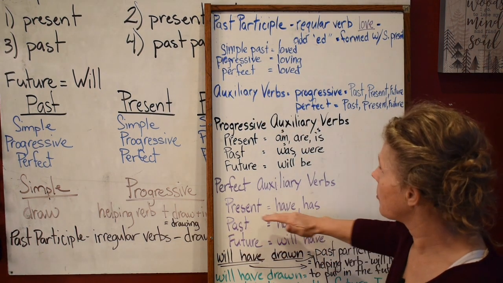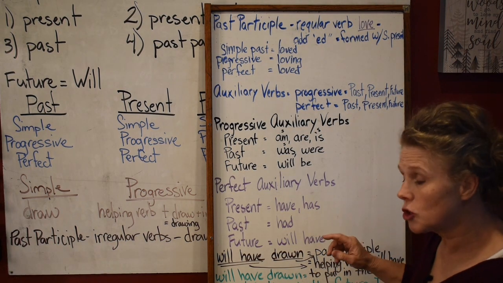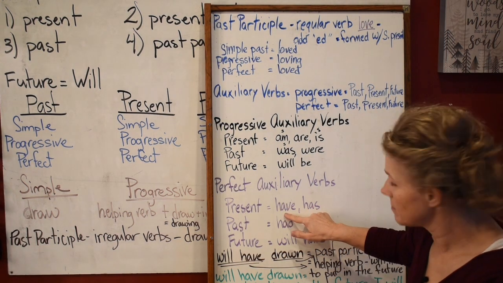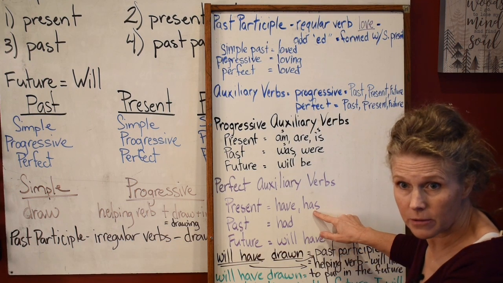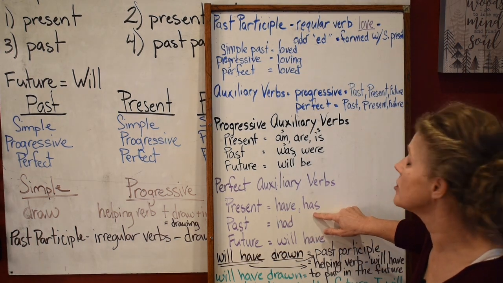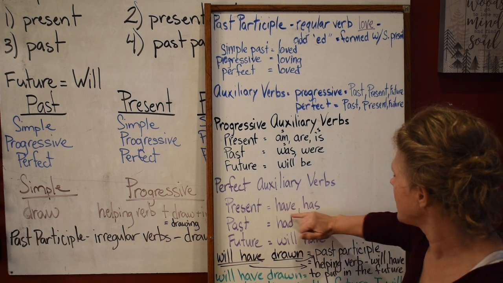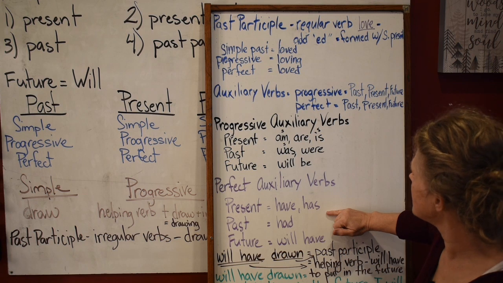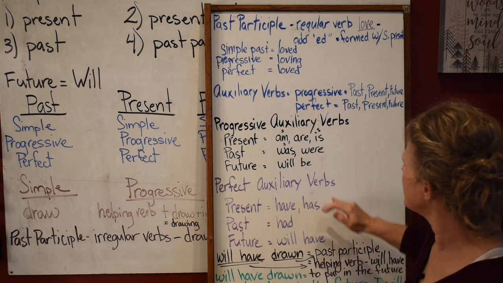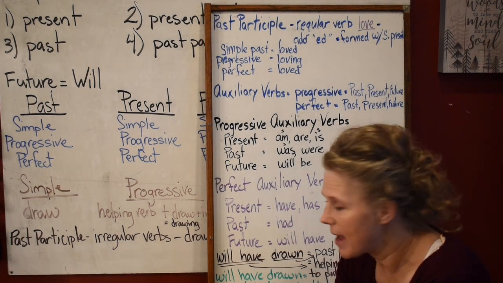So now, in the present, we have have and has, which is super confusing because have is first person, has is third person. So that's where you're going to get confusion right here. So it's in the present tense and we're going to use loved. Have loved, has loved.